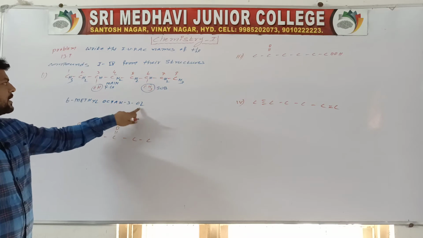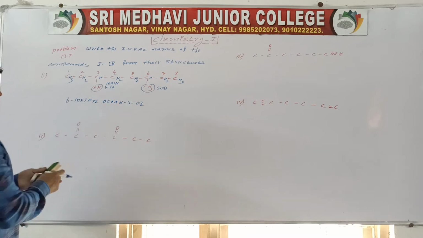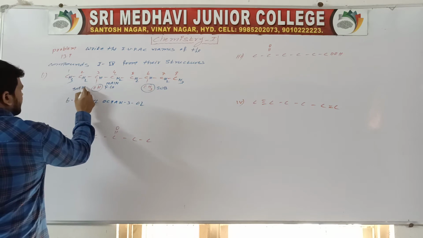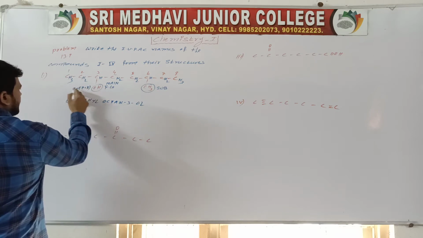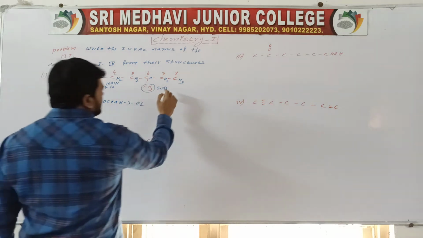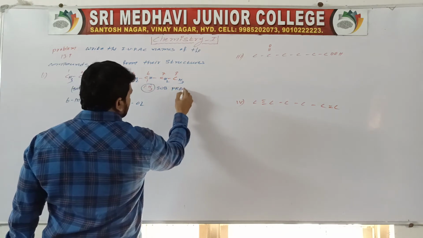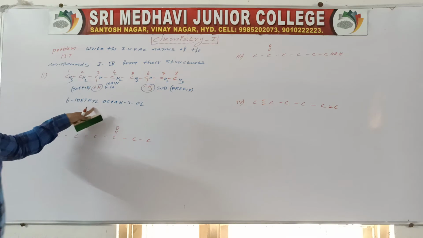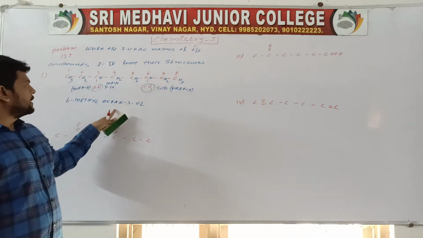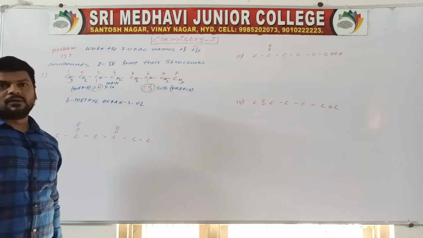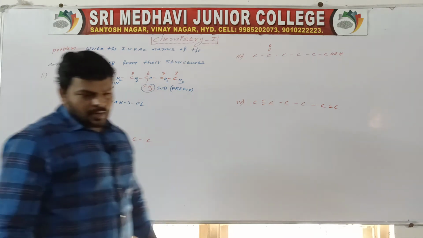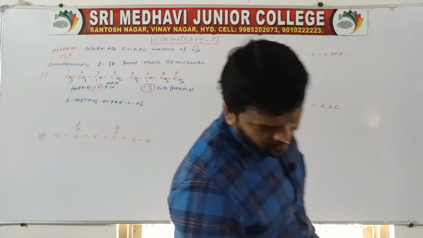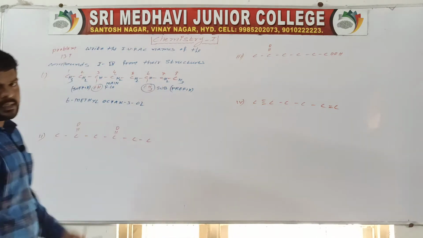The suffix is ol, the prefix is methyl, and the root word is octane for 8 carbons. Understand? So this is the way: 6-methyl octan-3-ol, right?